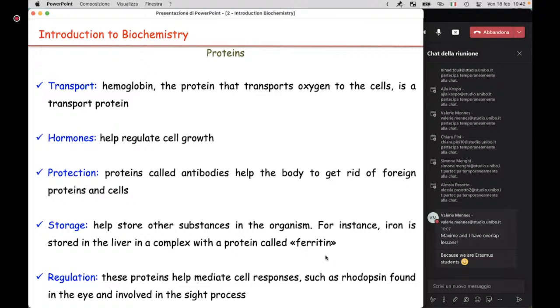This protein is called ferritin, or also, sorry, okay, the word slips me, not a problem. Copper, the metal copper, is also transported and stored in the liver by another protein, which is called ceruloplasmin, and so on and so forth.